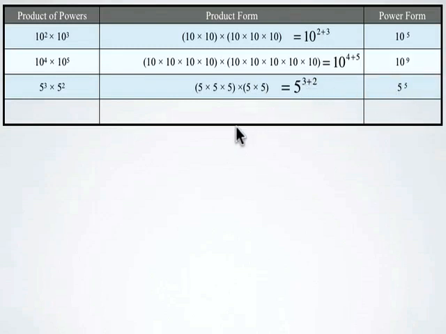I add the 3 and the 2 together. And lastly, 3 to the 5th times 3 to the 6th, I'd have 5 3s multiplied with 6 3s, so I'd have to add the 5 and the 6 together to get a total of 11 3s. So it's the same as 3 to the 11th.